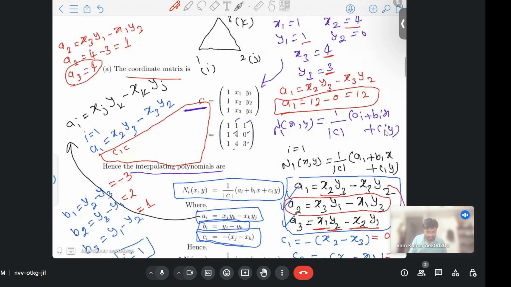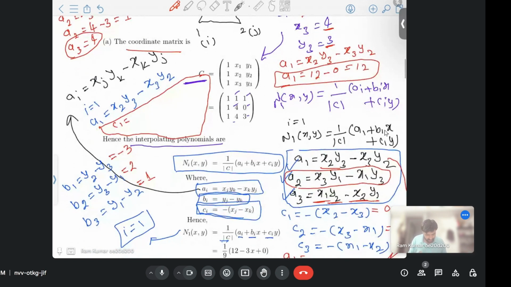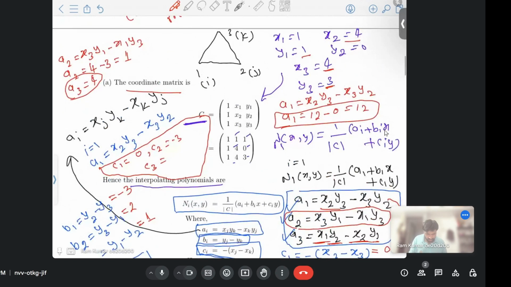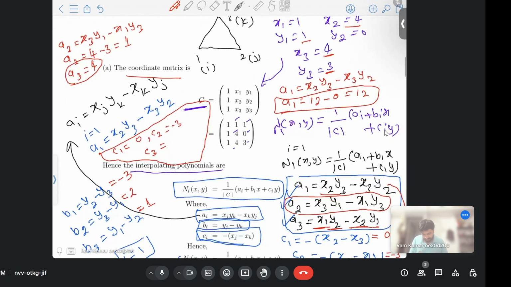X3 is 4, x1 is 1, so 1 minus 4 is minus 3. And c3 is x2 minus x1, which is 4 minus 1, so it will be plus 3.